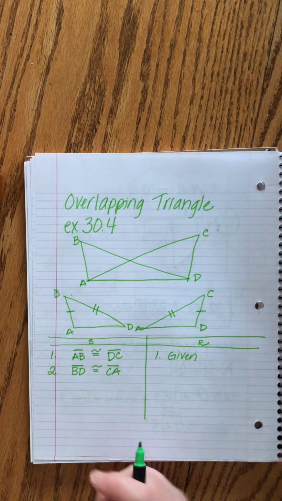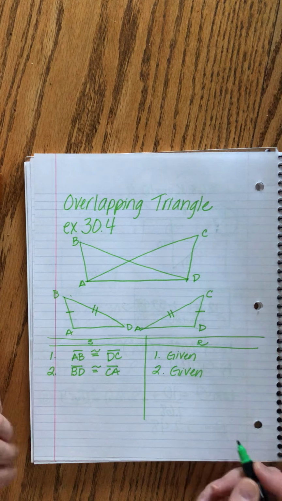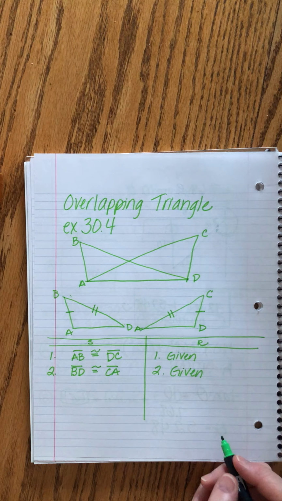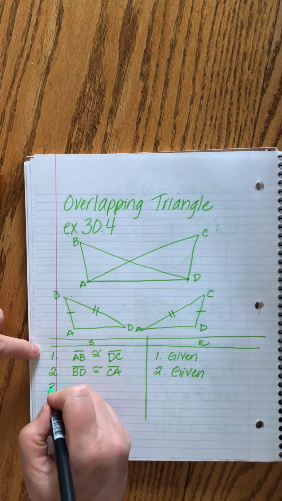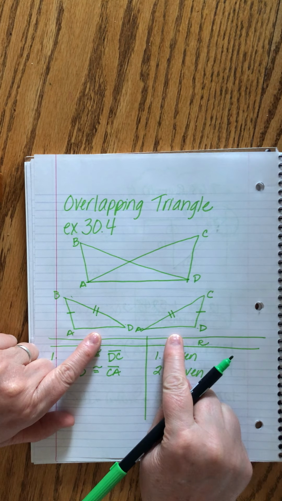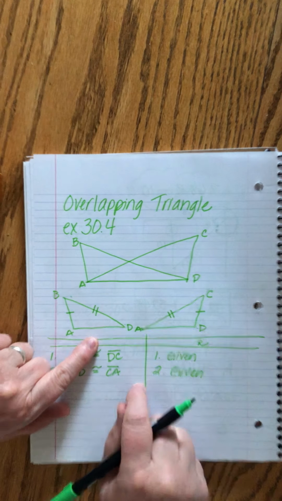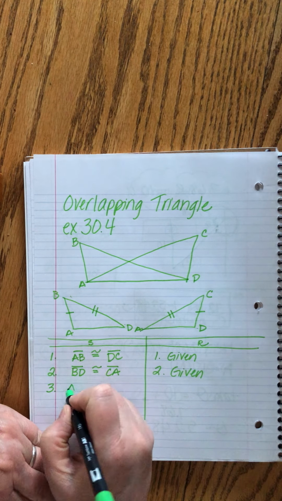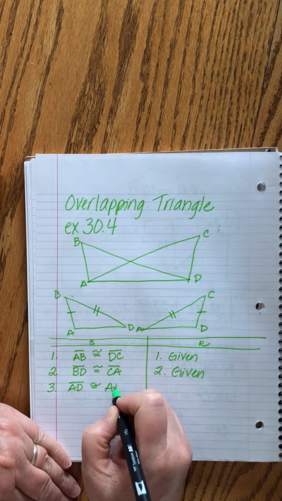Now, that's also given. That's two sides. What could we say about the third side? Maybe we can find a way to show that they're the same. And when we look at it, we go, dude, it's the very same thing. It's AD, right? Because this segment is in both of the triangles. So we can say segment AD is congruent to segment AD.